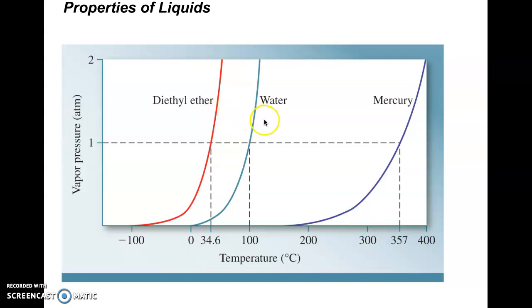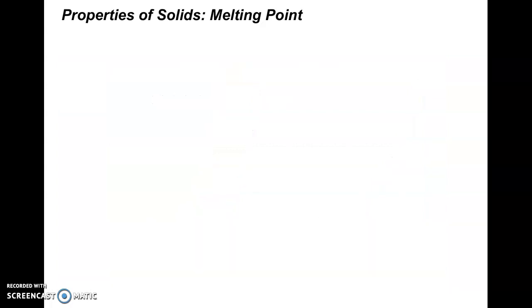It has lower intermolecular forces than water and a higher vapor phase, whereas mercury is very heavy and very little of it moves into the vapor phase. Nonetheless, in all cases, that vapor phase increases with temperature.